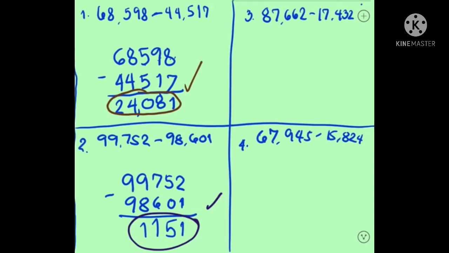The third one is 87,662 minus 17,432. Okay? So let us solve now. Of course, we will write first the given. We have the minuend, 87,662. And then we have 17,432.